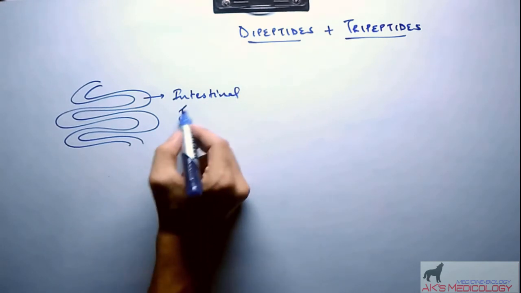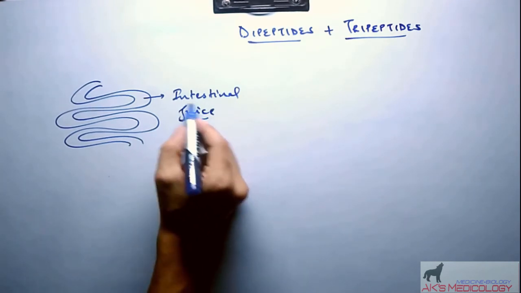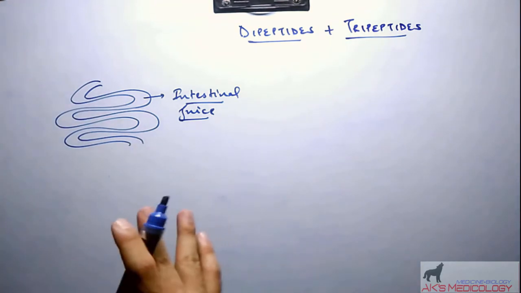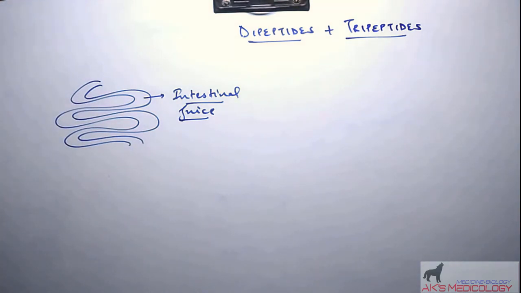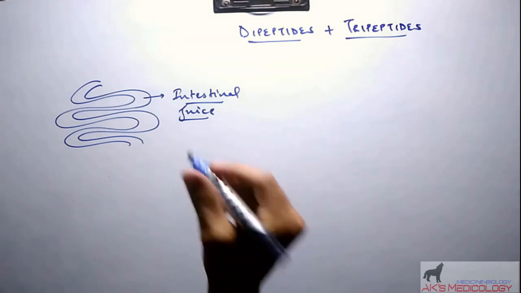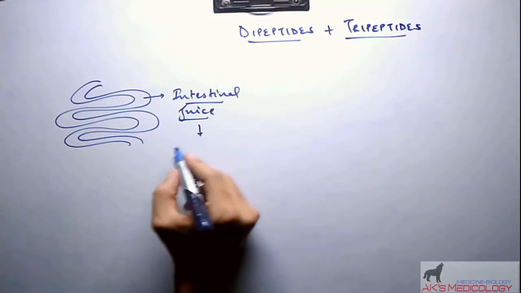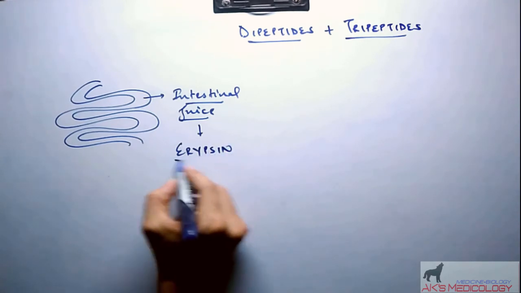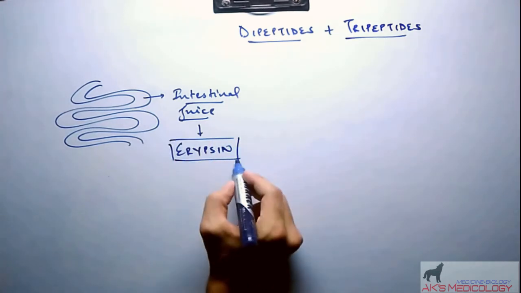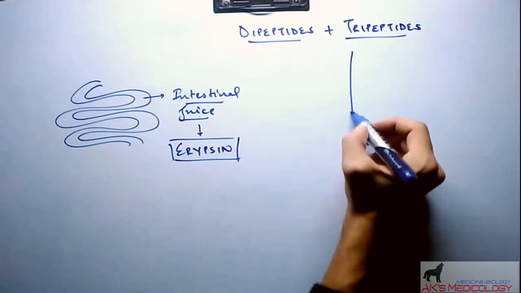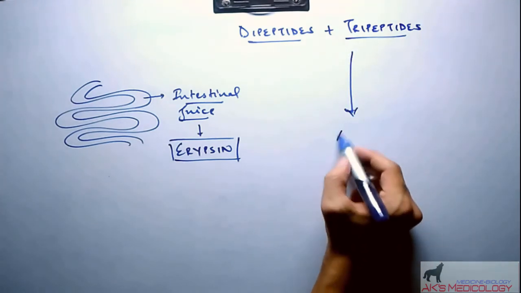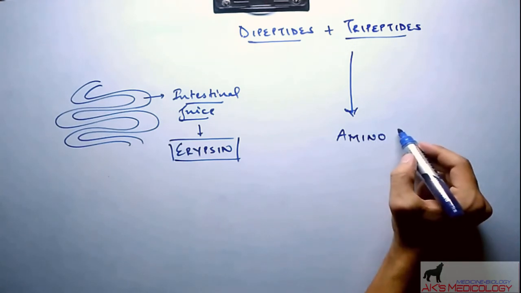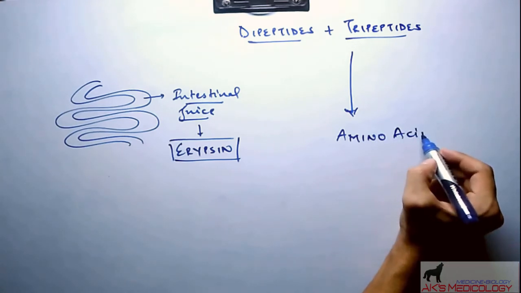Now, the intestinal juice also possesses many enzymes besides the enzymes required for converting proteins into their simpler form. Intestinal juice possesses erepsin, which is a collection of enzymes responsible for converting dipeptides and tripeptides into their finally digested or simplest form, amino acids.